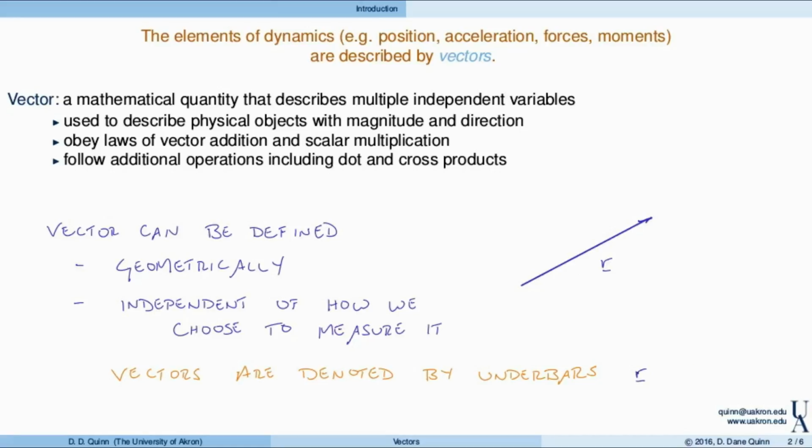Now, if there's no underbar here, that would imply that R is a scalar quantity with no direction. So it would just be a single independent quantity. But again, vectors have multiple independent variables, and we use underbars to denote those.